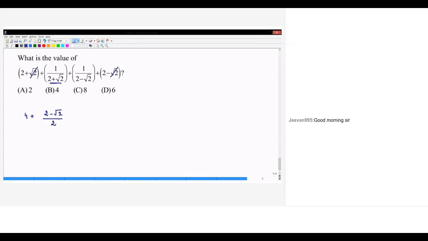I write this as 2 plus root 2 by 2 because you are rationalizing it. Anyway, by 2 is same, therefore minus root 2 plus root 2 cancel. Right? So you'll be getting 4 by 2, is 2 only. So 4 plus 2 is 6.